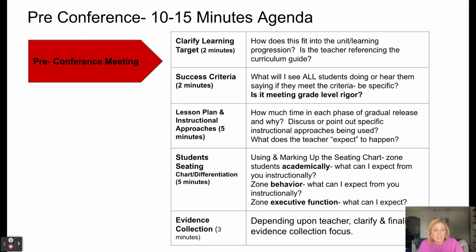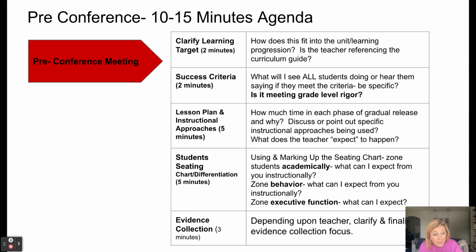But I'm going to suggest capturing this information because I'm going to show you how this connects to evidence collected, and then how this will connect to the teacher's reflection after the observation. So 4 minutes of time are spent clarifying. I've already read what the learning target is, but I am specifically listening for it.